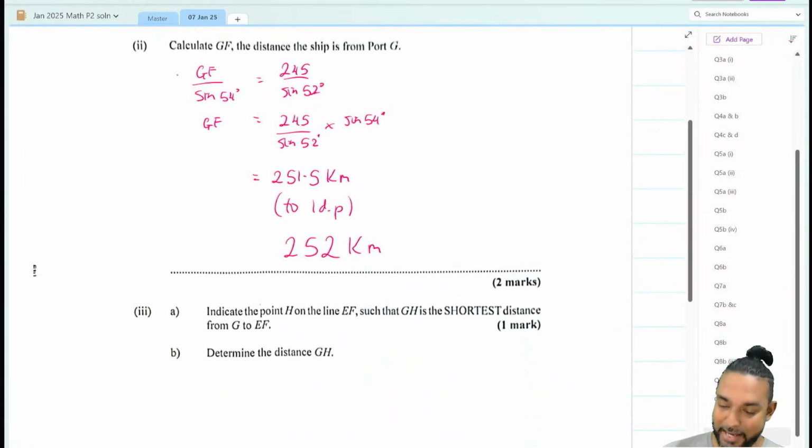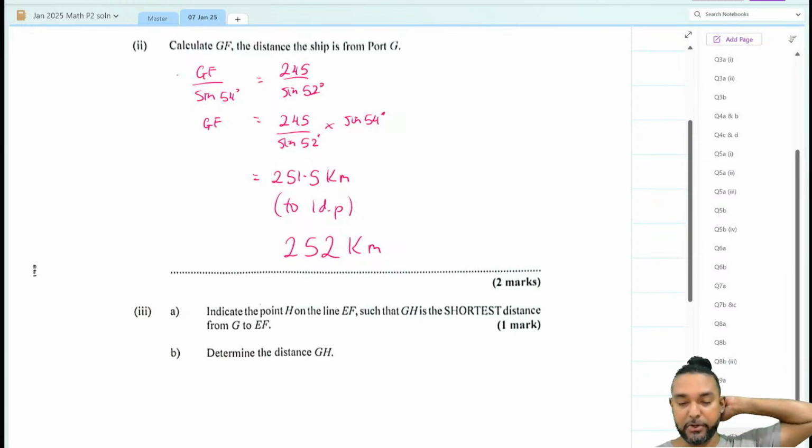Indicate the point H on line EF such that GH is the shortest distance from G to EF. Let me read that again.